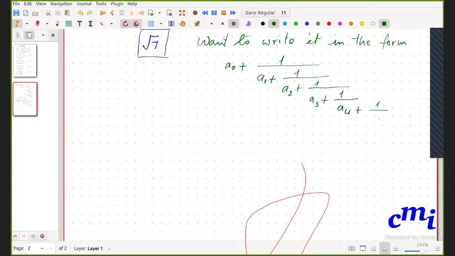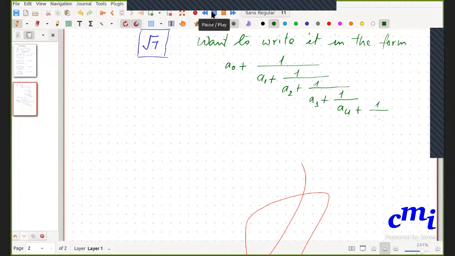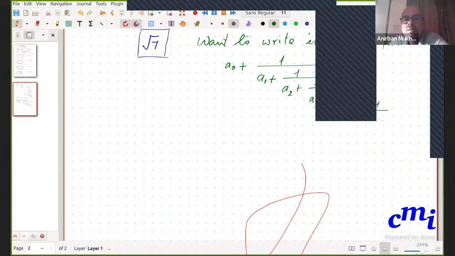Maybe I can. Oh, Gurushami, is it possible to stop annotation by others? I don't know, sir. Anyway, we will try. Let me just see if I can do that.